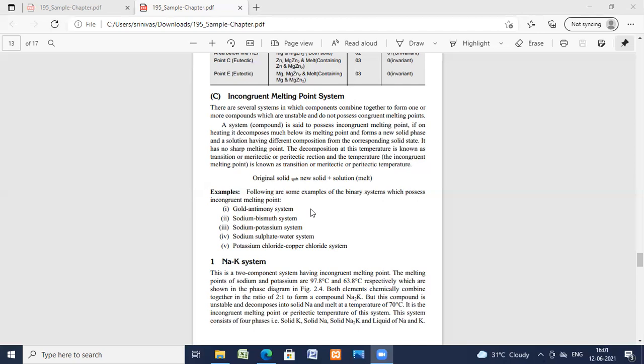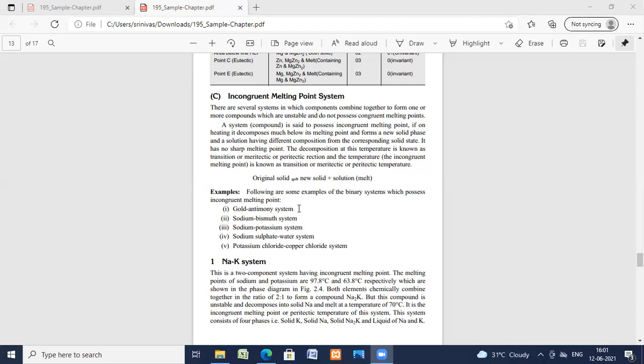For example, in the water system you have three phases, but the component is only one, H2O. Similarly, for the sulfur system you have four phases, but the component is only one. So component is denoted by C, and the chemical formulas involved in a system are the components.